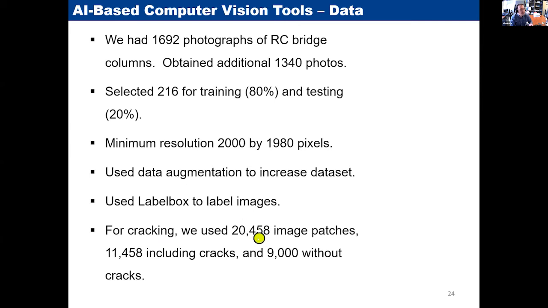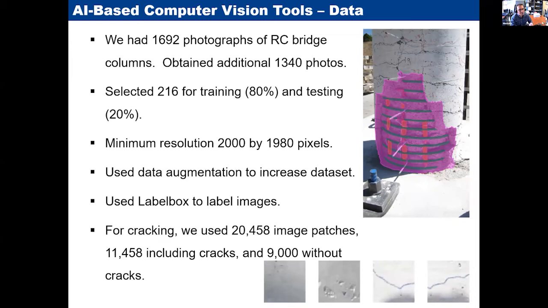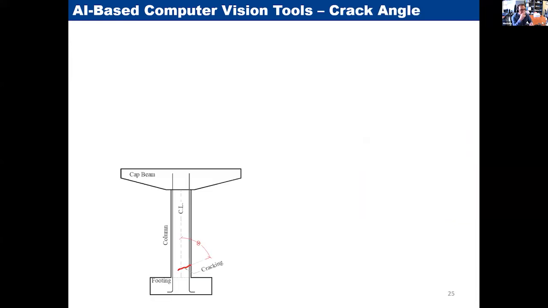For example, to detect cracking, we used 20,000 pictures, almost half of those with cracks and half without, to successfully train the network. Here is one labeling that we manually did, and then later on the software was able to see those.